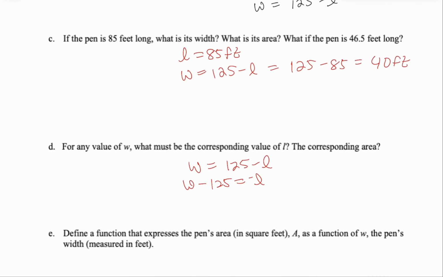Divide through by a negative, and we get that L is 125 minus W. Another way to think about it is they always total 125.